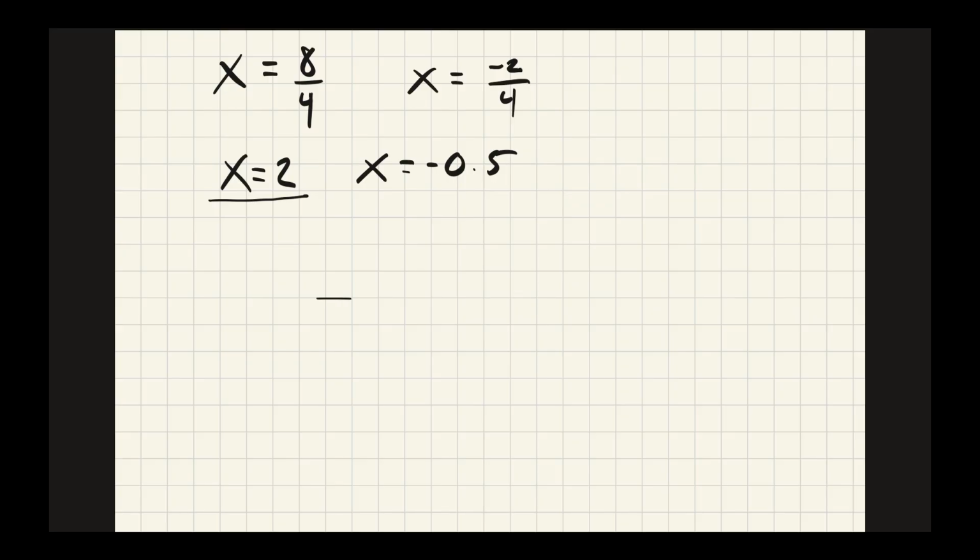So if you have a graph which looks like this, and we have 1, 2, then that means that the quadratic equation shown before intercepts the graph here at x equals 2 and here at x equals negative 0.5. We know quadratics have a shape like this.